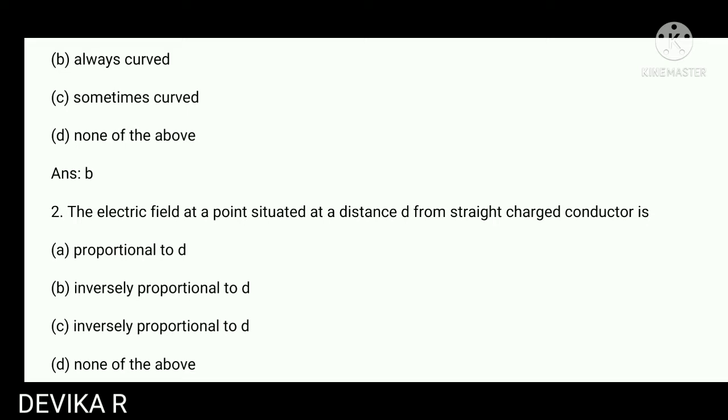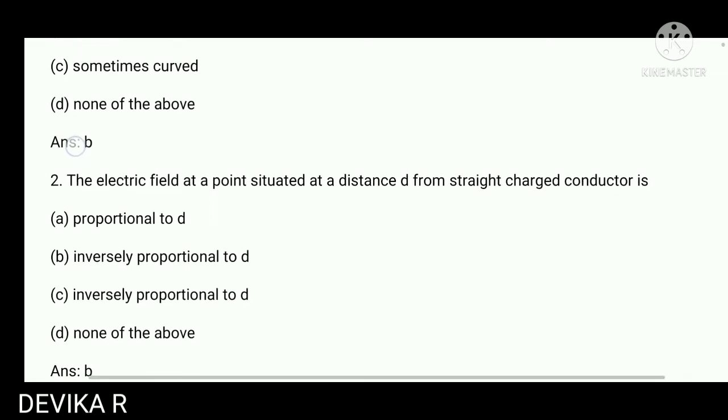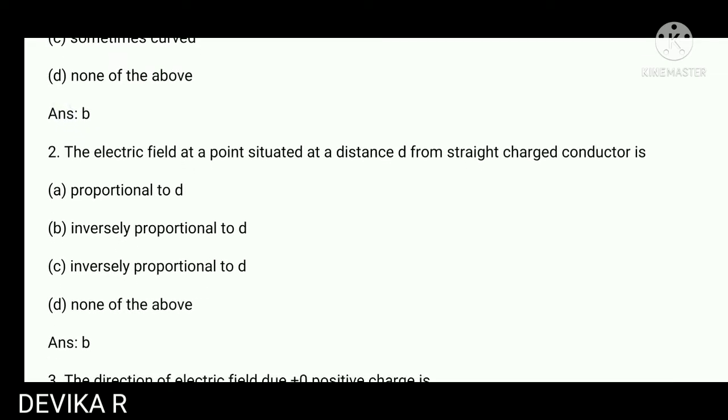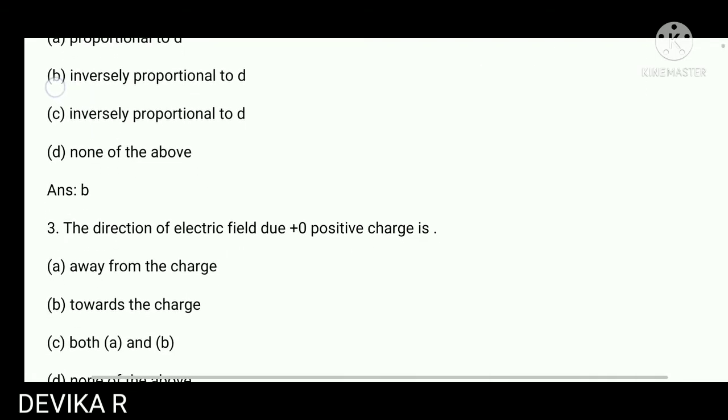So d squared becomes d, and q1 q2 divided by d is the term. So option B is the right one. Inversely proportional to d is the right one. The electric field at a point situated at a distance d from a straight charged conductor is inversely proportional to d.